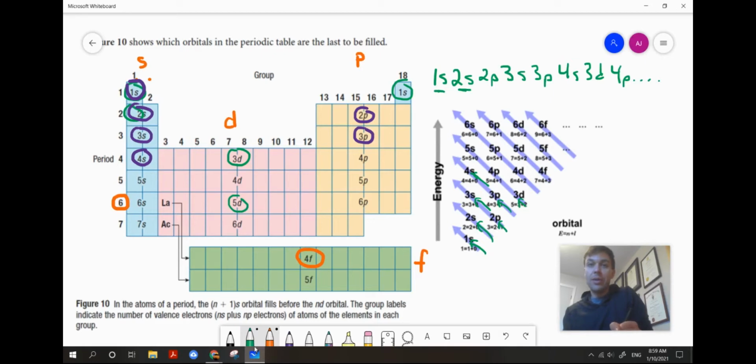At the 7th period, we're filling the 5f sublevel. So we are 2 main energy levels behind in terms of matching the period with the f block. So as you can see here, a helpful way to figure out electron configuration is using the periodic table.